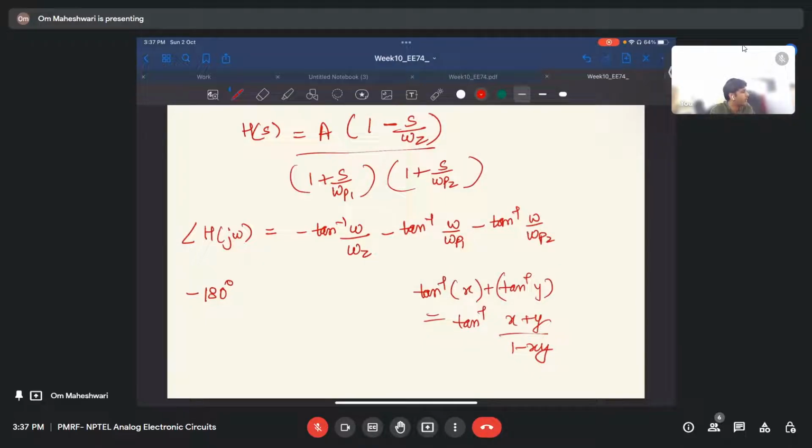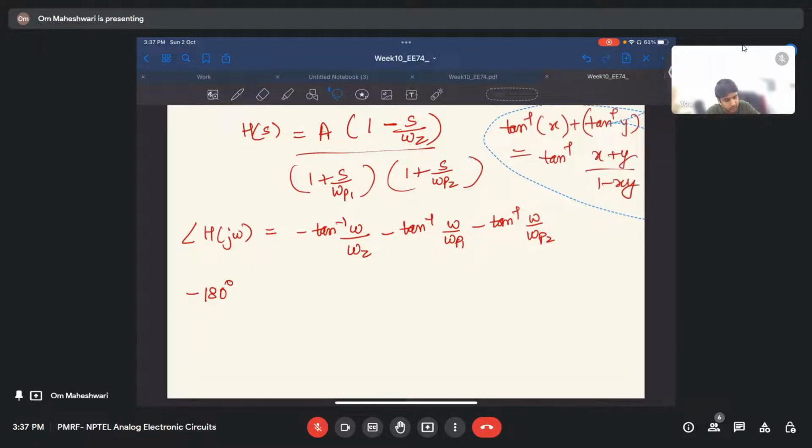I have solved it already using this. Using this equation, first we will apply it to these two, then we will get something in terms of tan inverse, then we will apply it to these two. Let me just write what we will get.